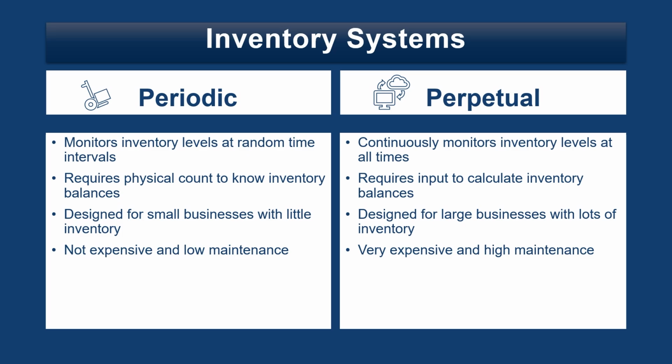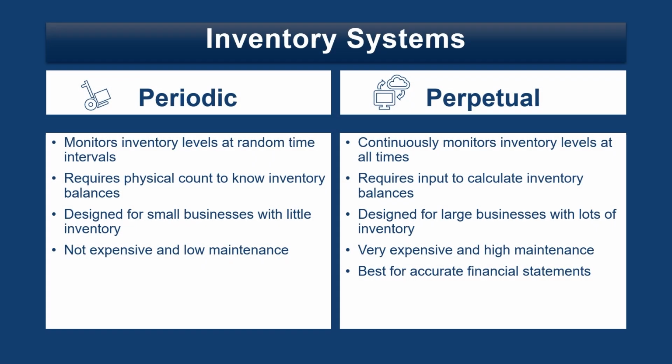The other thing I'll mention too, when it comes to a perpetual inventory system, is it's best for accurate financial statements. Remember in another video, I talked about inventory being cash. So for companies to know, let's say when they're filing taxes, they need to know exactly how much inventory they have on the shelf, right?